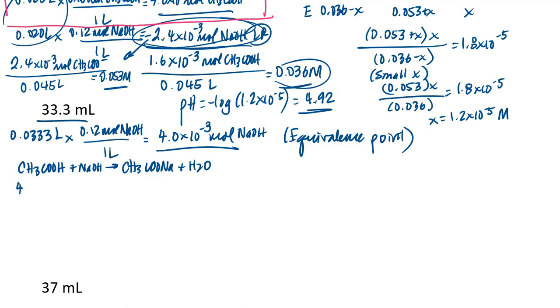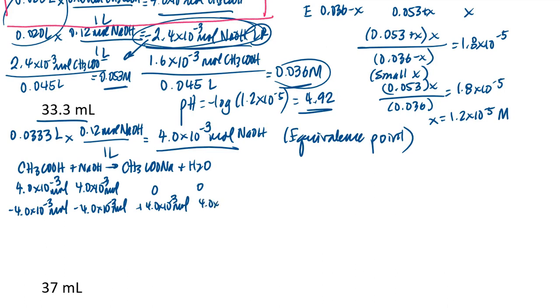Now, I had initially 4.0 times 10 to the negative third moles of the acid and 4.0 times 10 to the negative third moles of the base, with none of the acetate yet and none of the water. Since the neutralization proceeds 100%, I'm going to lose 4 times 10 to the negative third mole on the reactant side, but gain 4.0 times 10 to the negative third mole of acetate and water on the product side.